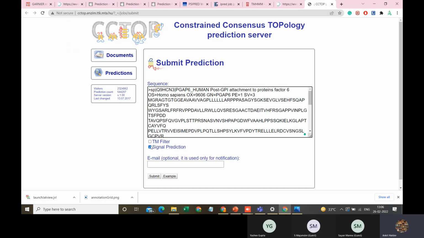So here it can give TM filter or the signal prediction. So it helps in predicting whether there is a signal or not.